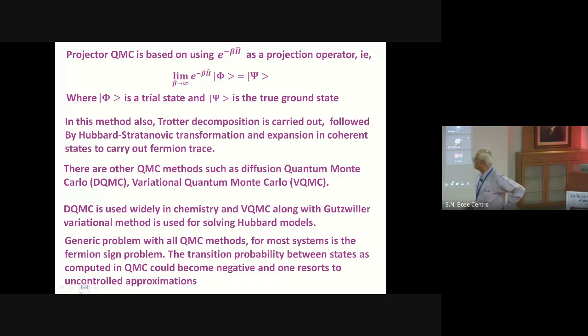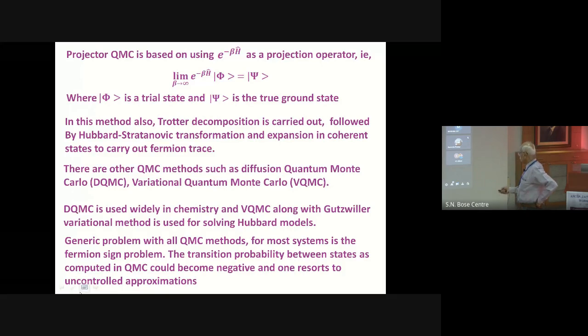Okay, so this is one of the generic problems with quantum Monte Carlo methods. And also if you have spin systems in which you have frustrated interactions, frustrated spin systems, again, you have the problem with quantum Monte Carlo with the sign problem. So how to deal with the sign problem is one of the major points of discussion in quantum Monte Carlo.